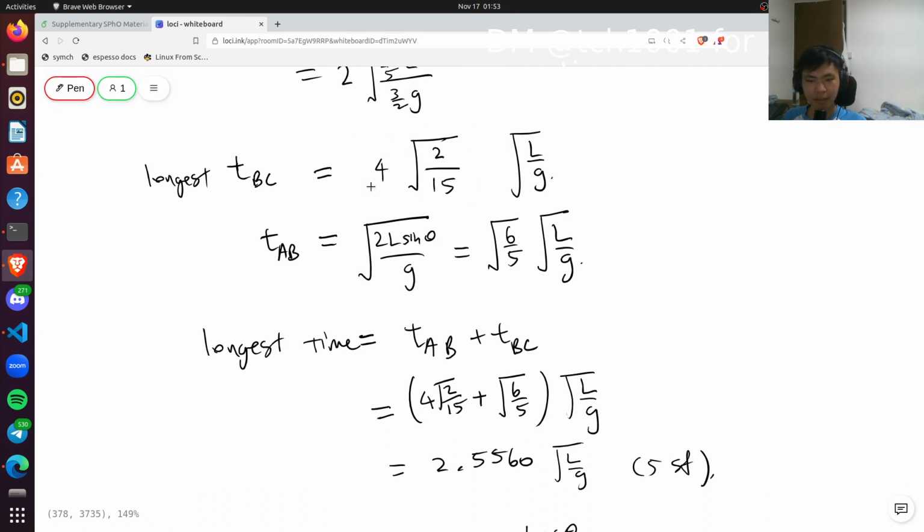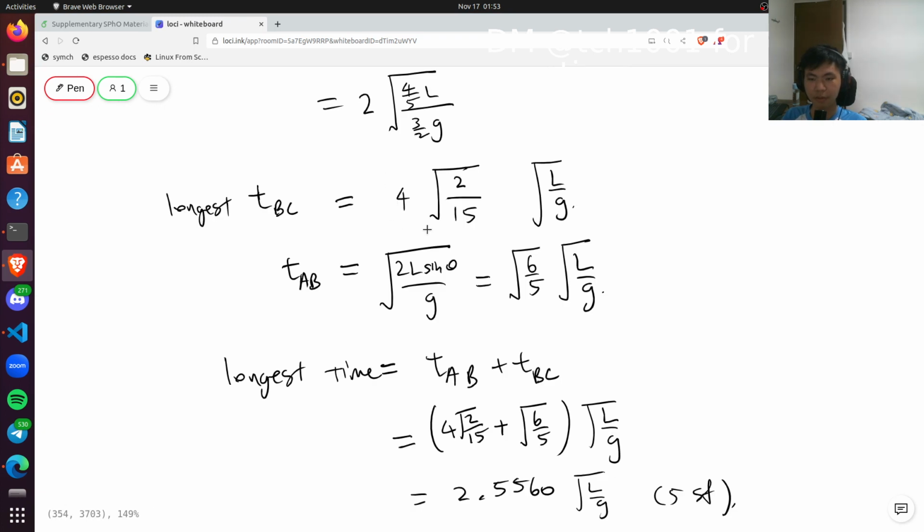Okay, so once again, that's the longest time to travel BC, and the time to travel AB is fixed, right? You cannot change how fast you travel vertically, so it's just going to be fixed at 2 square root of 2 L sine theta over g. And if you evaluate it out, you get this third form, this dimensionless constant.